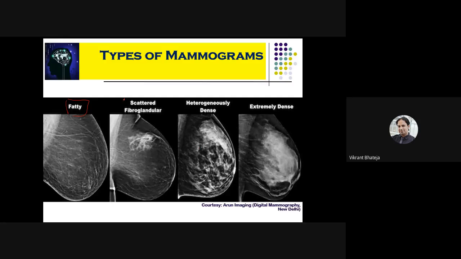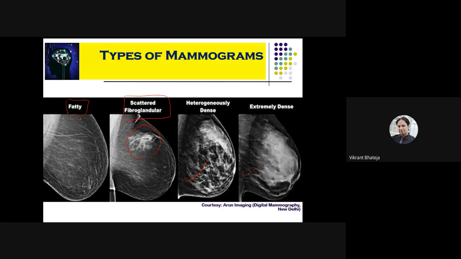Then you have a mammogram with scattered fibroglandular tissues, where the tissues exist in certain patches, like this one over here. Another is the heterogeneous dense breast, where the different tissues are very densely packed, and then you see the extremely dense.